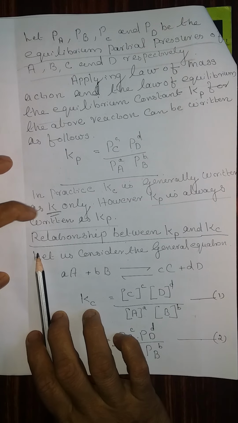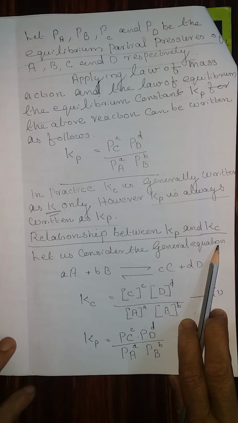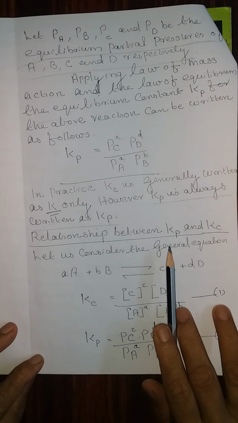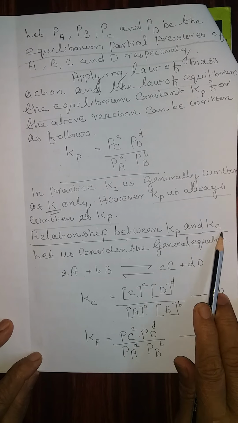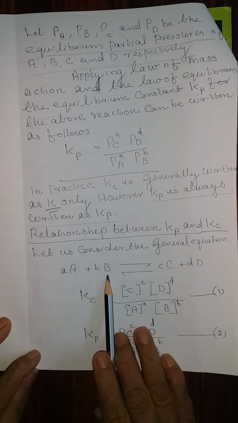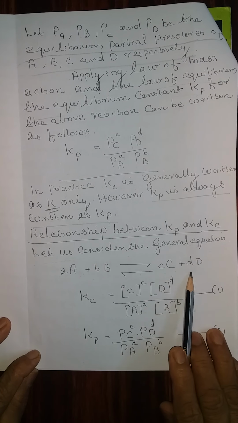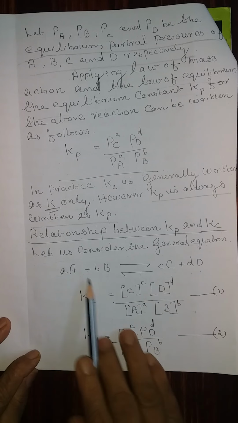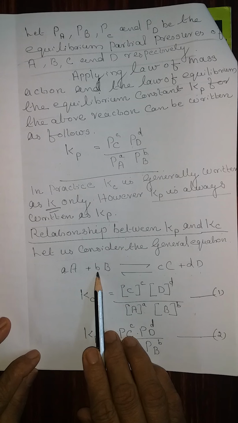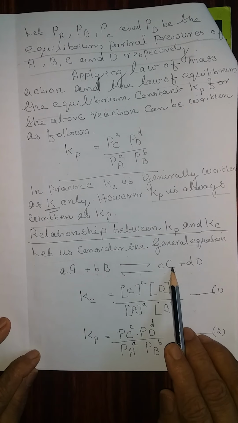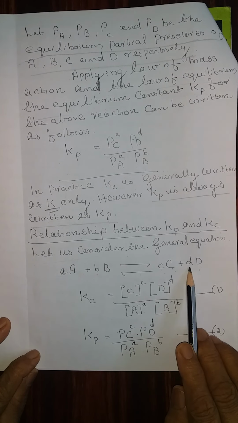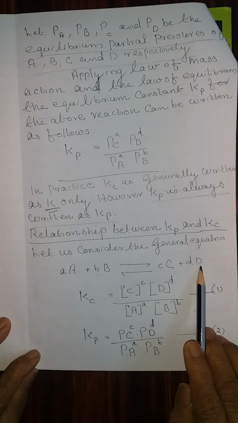Now, there is a derivation of an equation: the relationship between Kp and Kc. Let us consider the same general equation aA plus bB giving cC plus dD, where A and B are the reactants, small a and small b are the stoichiometric factors of the reactants, capital C and capital D are the products, small c and small d are the stoichiometric factors of the products.